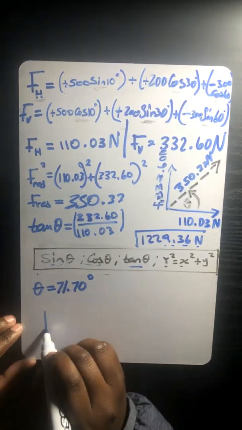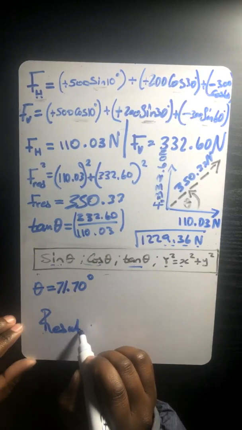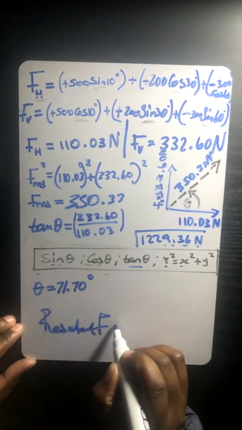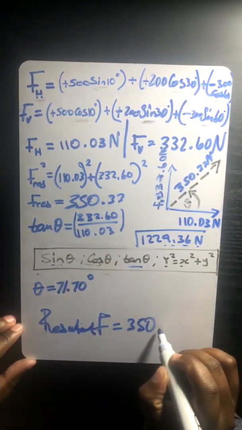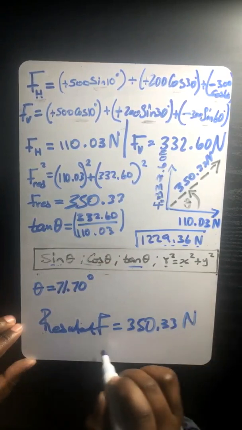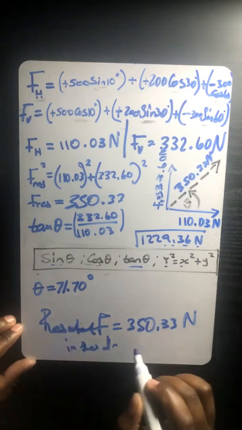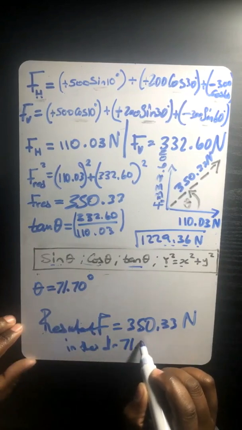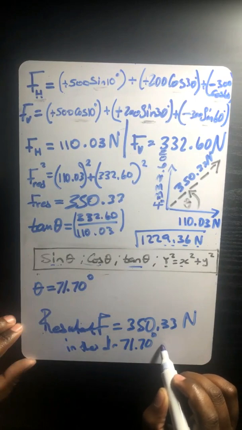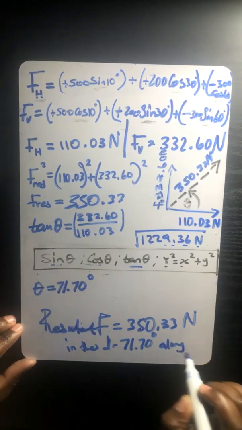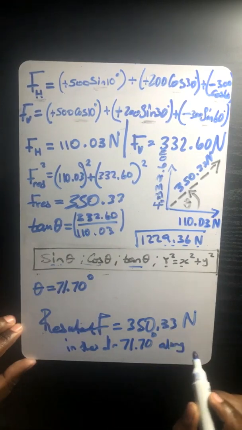Then when you give your answer, finally you're going to say the resultant force is equals to, what is it? 350,33 Newton in the direction 71,70 degrees along the x-axis, or you just indicate that it is the angle measured from the x-axis.